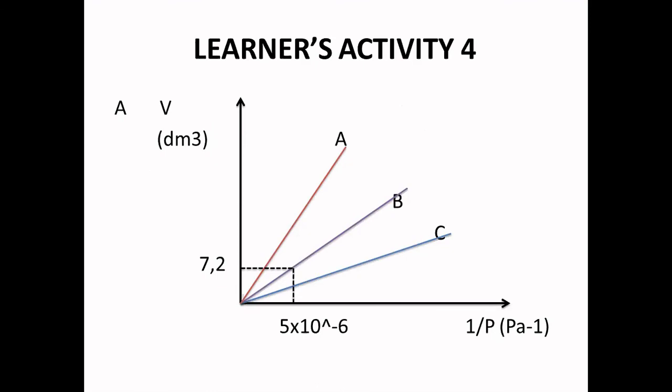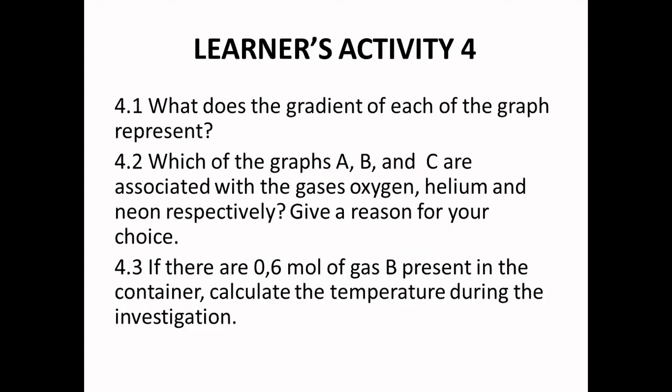Along the x-axis, we have the reciprocal of pressure per Pascal. Along the dotted line, we have the reciprocal of pressure, which is 5 times 10 to the power negative 6. And along the dotted line on the y-axis, which is the volume measured in cubic decimeter, then we have 7.2.